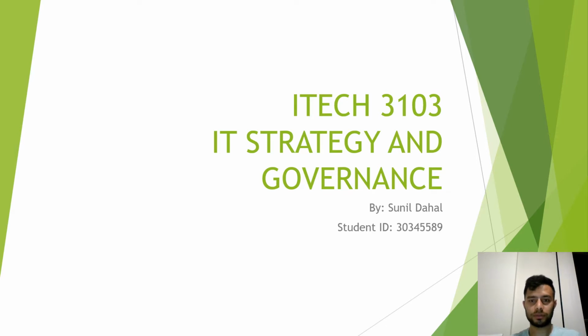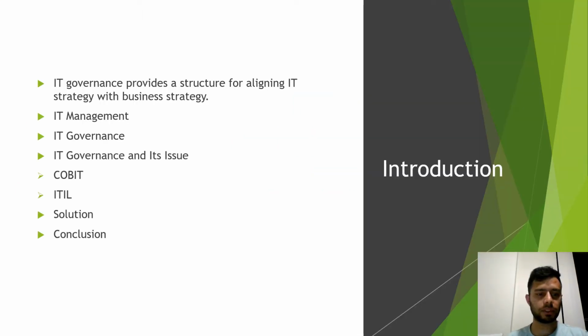For this topic, I have selected the COBIT model and ITIL model, and I'll talk about the issues of these two models. First of all, I'm going to talk about the introduction, and in the introduction section, I have included IT governance and its issues.